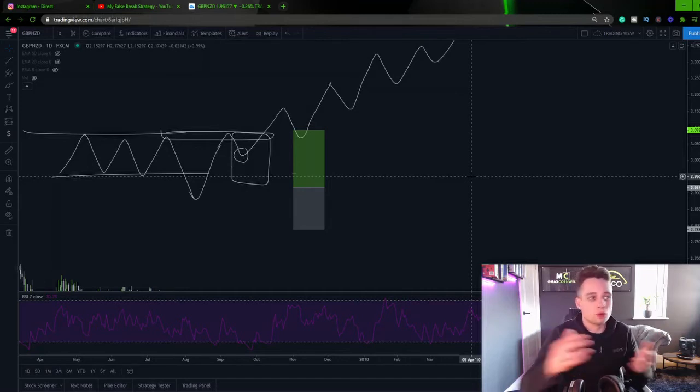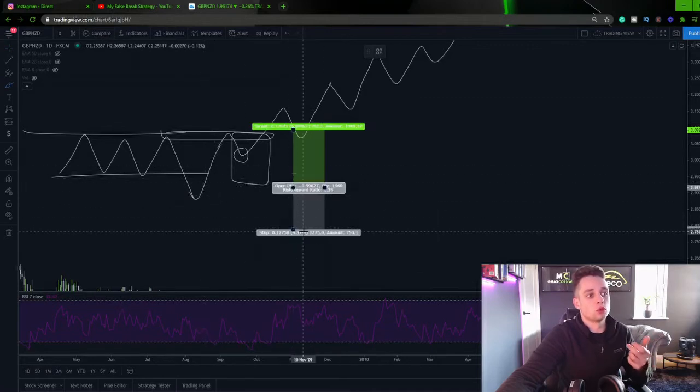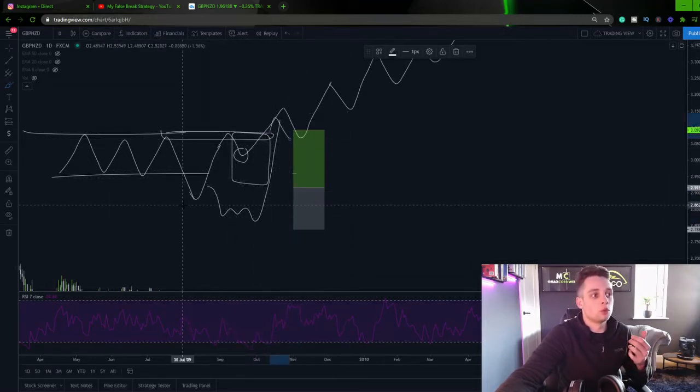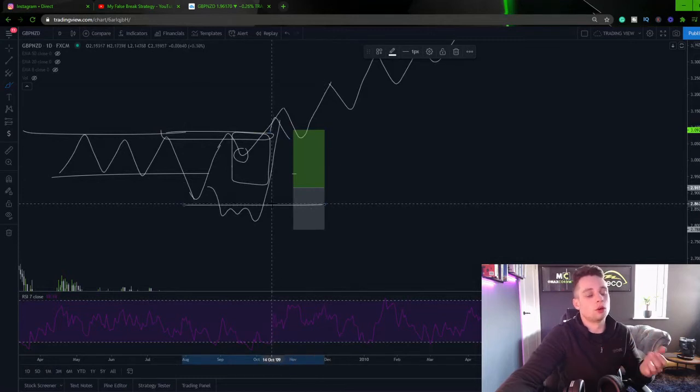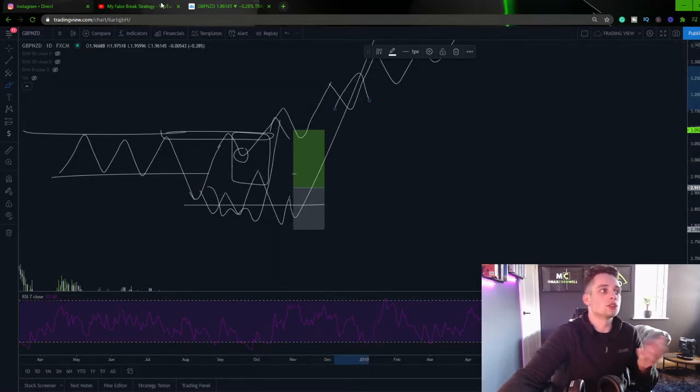There are pros and cons to each, because when you give your stop a bit of breathing room, you've got more chance that the market is going to go in your favour. With a tighter stop loss you've got a higher risk reward, but you run the risk of being stopped out before you get that move higher. So just a few things to consider there.